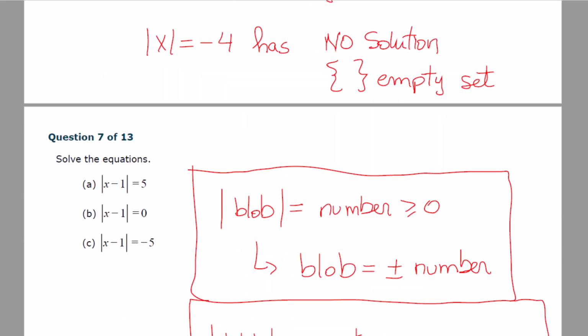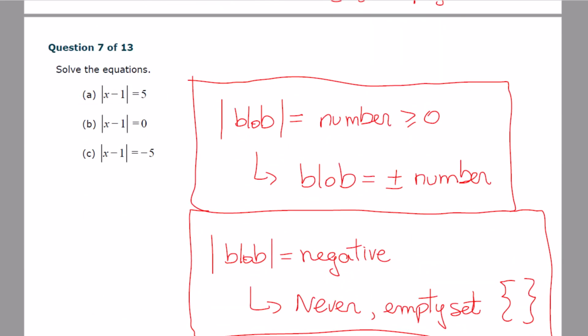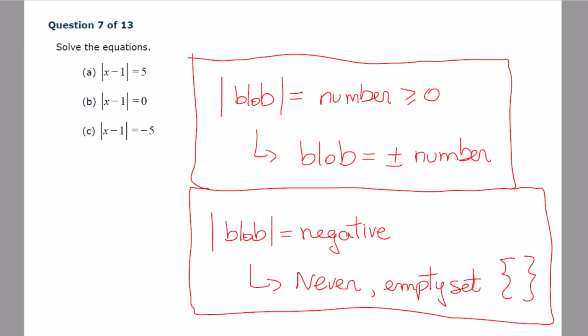Question 7. All right, so let's see. Question 7 here says absolute value of x minus 1 is 5, x minus 1 is 0, absolute value of x minus 1 is minus 5. So what do we do?